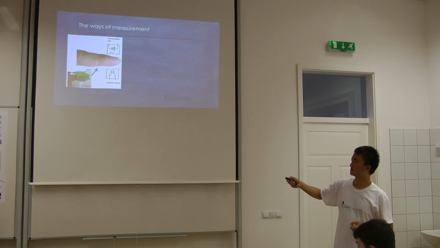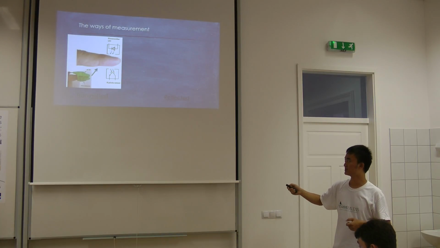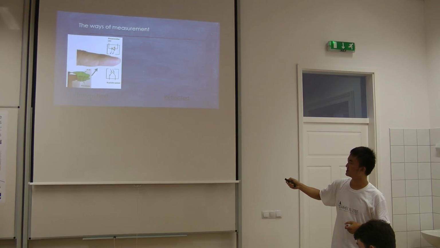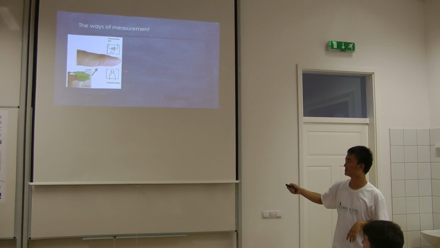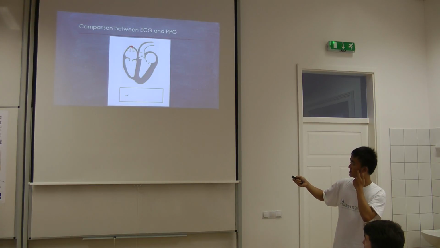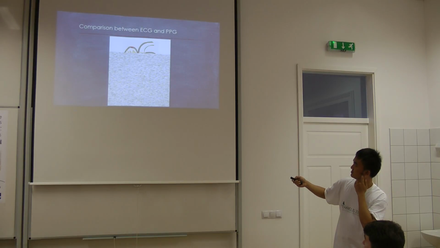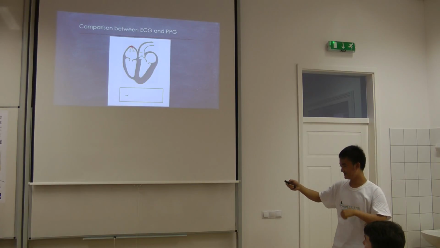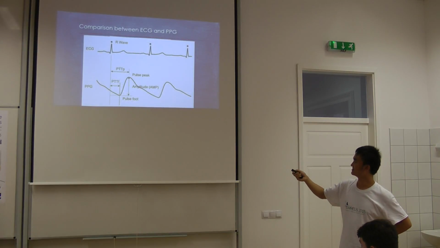The reflected way is to move the LED and the sensor onto the same platform, like the same platform, as if this is the railway for the train. I think you all know this. Okay, it's not very important.